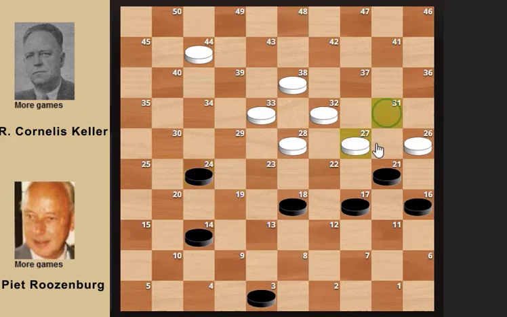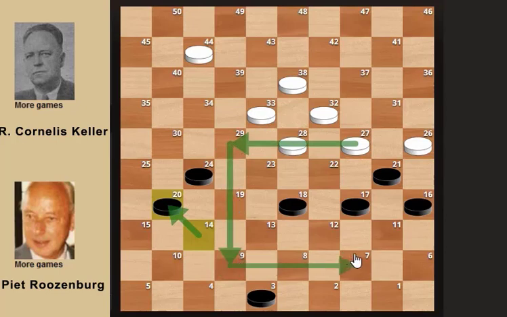Keller moved from 31, 27. So 31, 27 was replied by playing 14, 20. So if you draw the square, this 20 here will form the center of the second square.